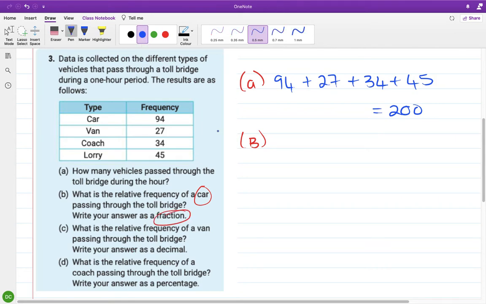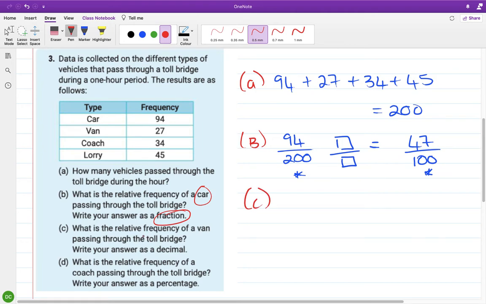Okay, so there's 94 cars out of a total of 200. Now that's fine as an answer, because it doesn't say it needs to be in its simplest form, but I'm going to use my fraction button on my calculator, and I'm going to simplify that fraction, if that's possible, to 47 over 100. Okay, so either of these answers are completely correct.